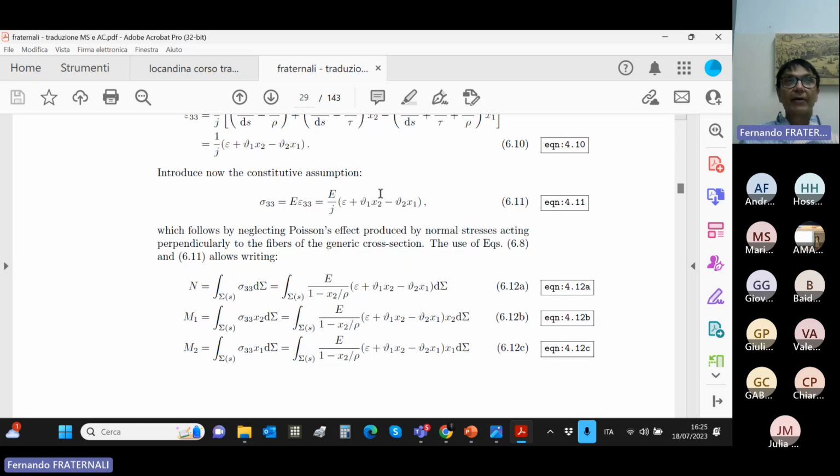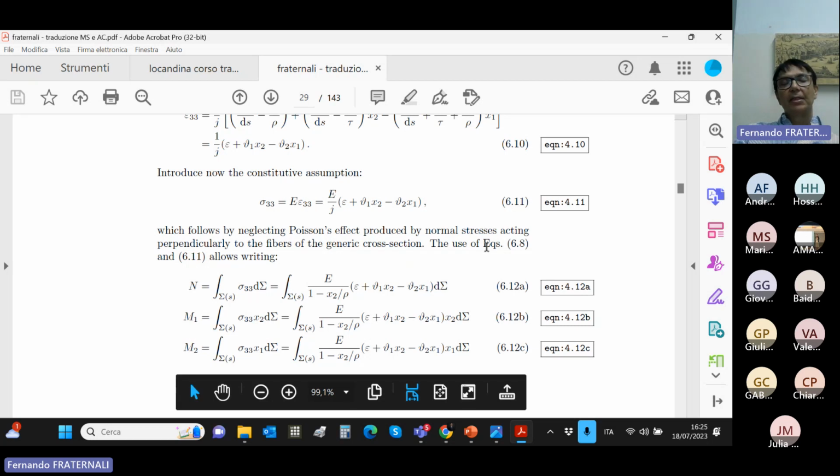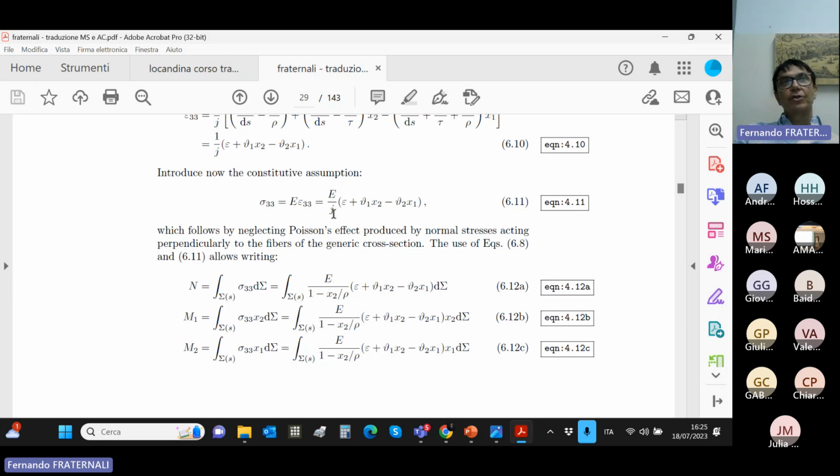So if we carry out these integrals, for sigma 3 we use this expression that accounts for the curvature, because j is not equal to 1, and we insert this expression of sigma 3 into the definition of the generalized stresses. And so, if we account for j, which is 1 minus x2 over rho, we obtain this equation. Now, what is the problem?